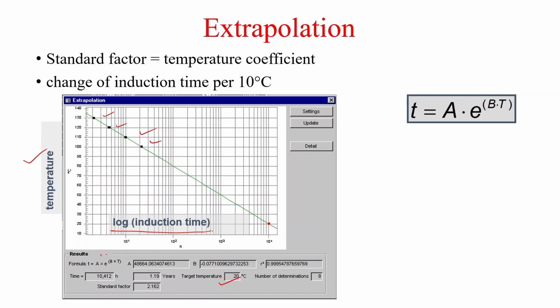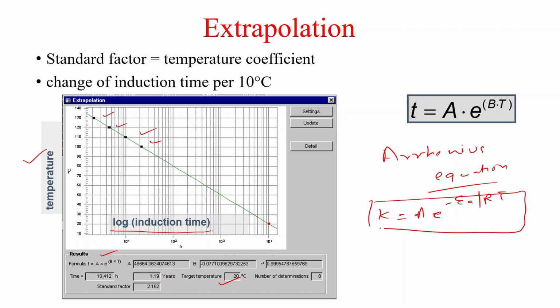So the Arrhenius equation will come. This is the Arrhenius equation, the same form as you use, k equals A e to the power minus Ea by RT. So this is the same form. Okay, so the a value is coming, the b value is coming, the R square value will automatically come, and then the induction period is 1.19 years at 20 degrees Celsius.